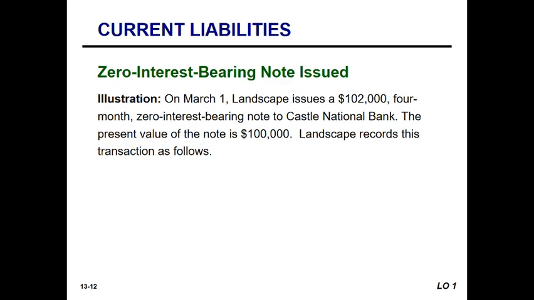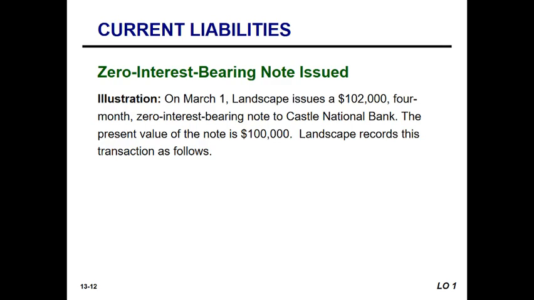The amount of the difference between the face value of the note at maturity, so in this case, the $102,000, and the upfront amount, the amount that you were given, the $100,000 in cash, that difference represents the interest that is going to be charged or discounted by the lender for the term of the note.